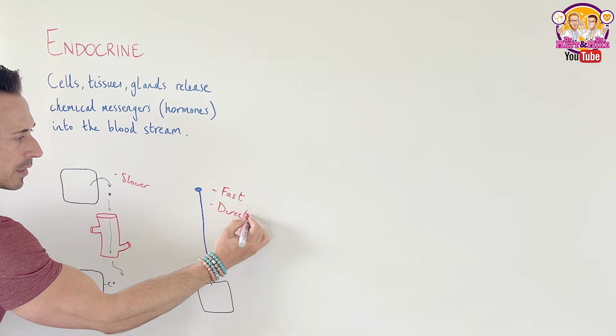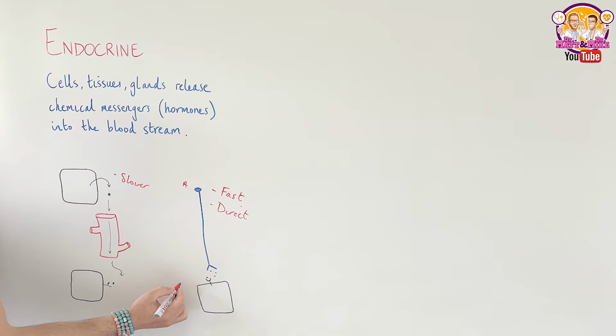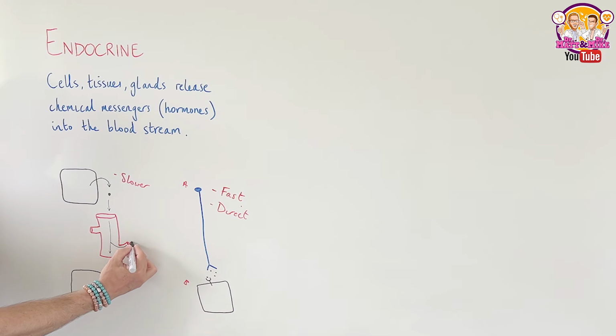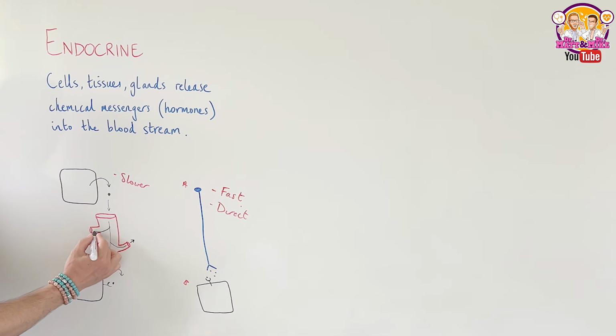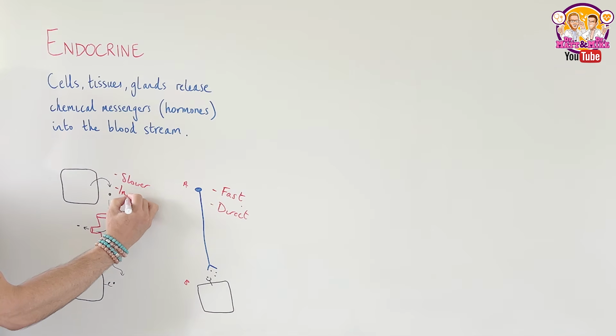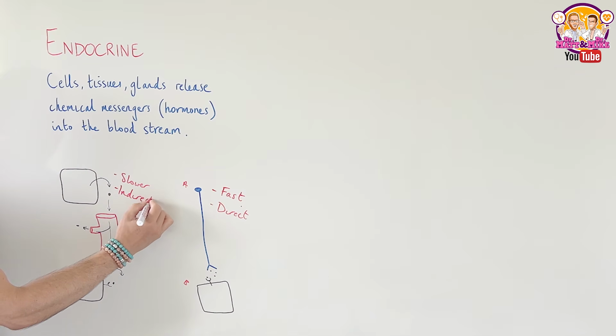It is sending a signal from A to B, and there's nothing in between. But have a look at the endocrine system. Because it's going through the bloodstream, we know that there are all these little stop-offs on the way to the station that this hormone can get released. So it is not direct. It is definitively indirect. And that's really, really important.